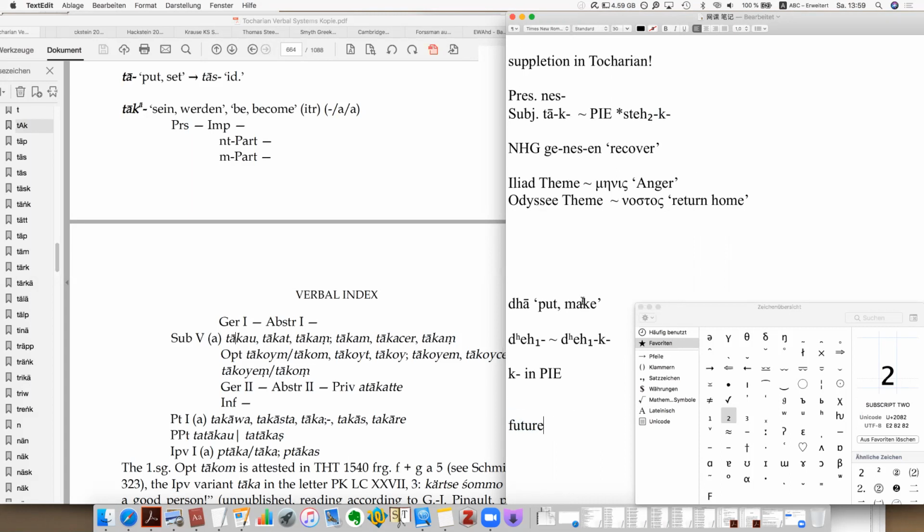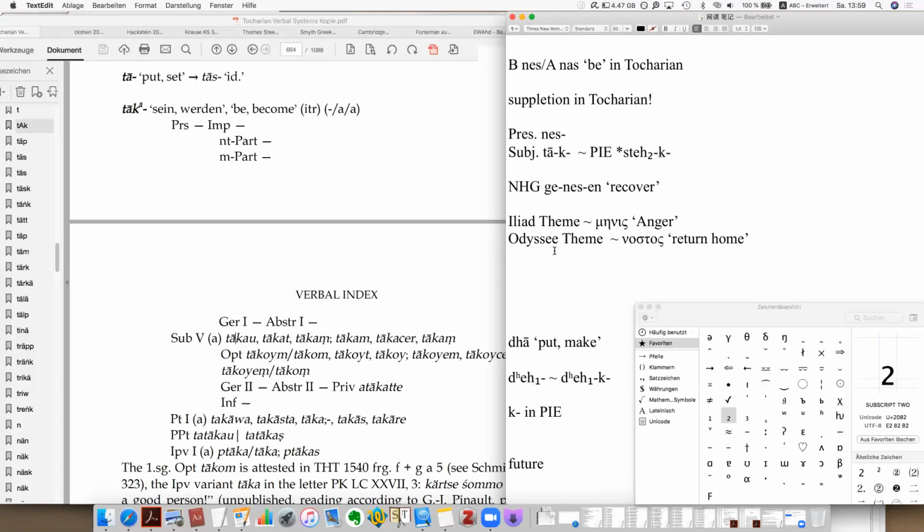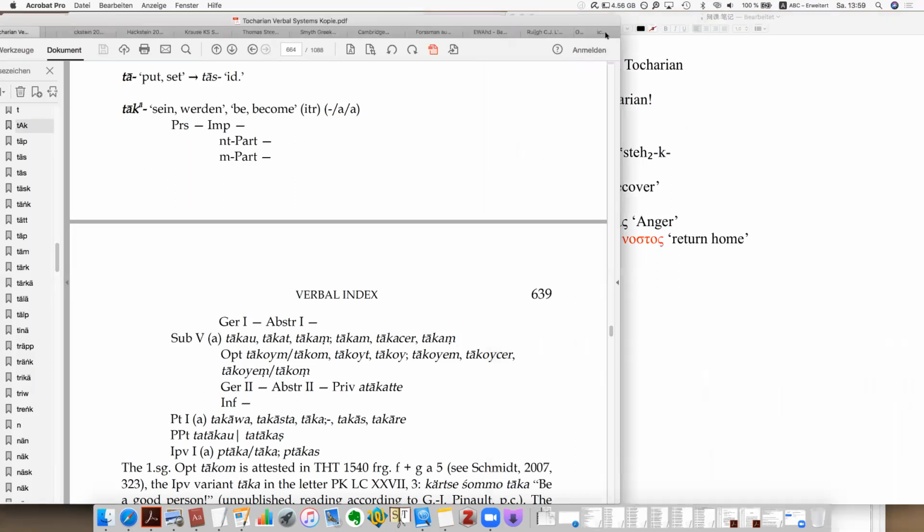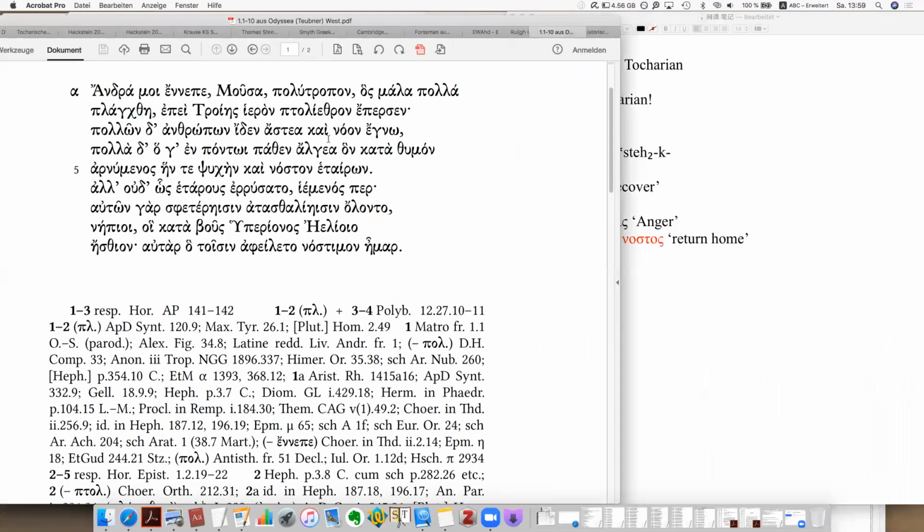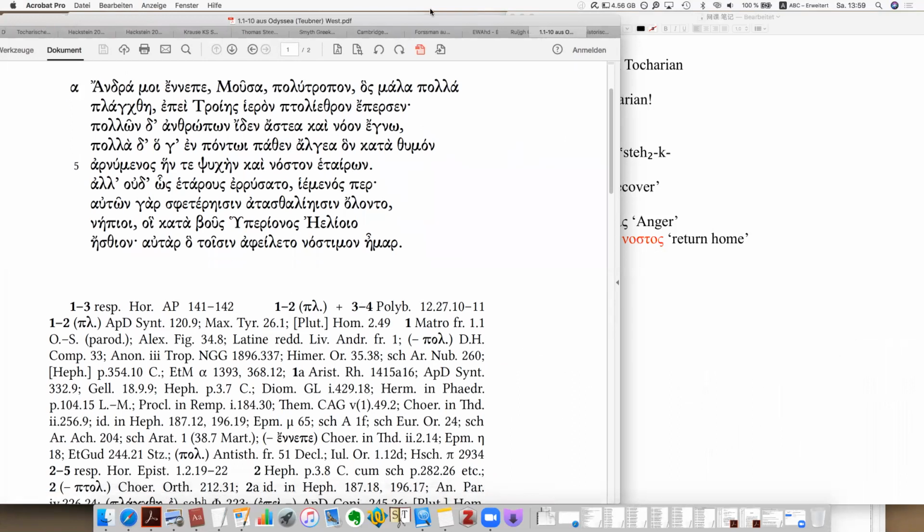And then let's make a stop, and we will continue the reading of the Odyssey. I have said that this is the central theme. In the Odyssey it is νοστος, it means return home, and the root means come back home safely. So I think we can make a stop, and we will read this passage later on.